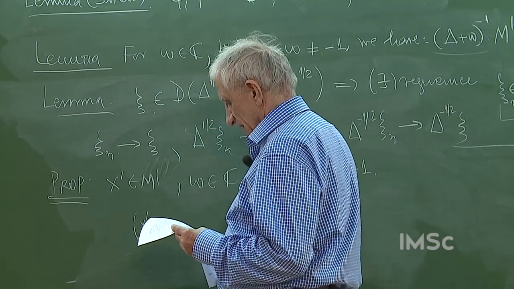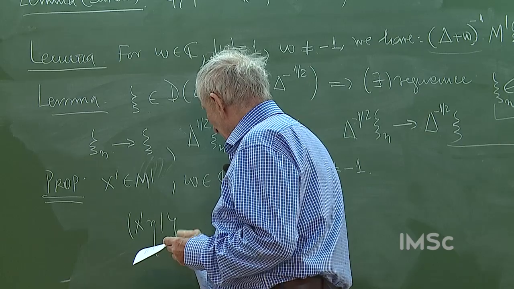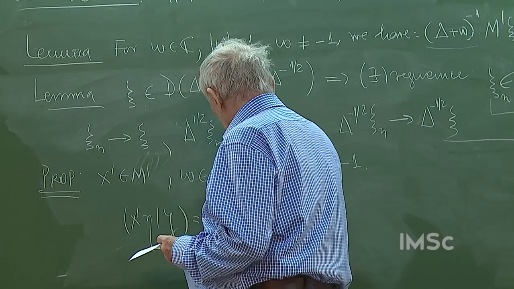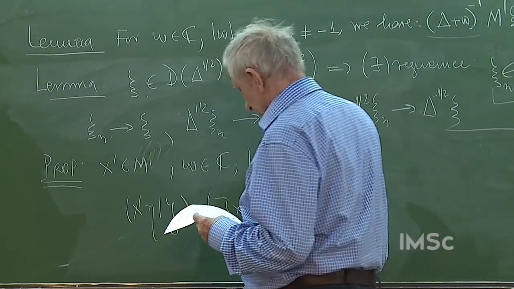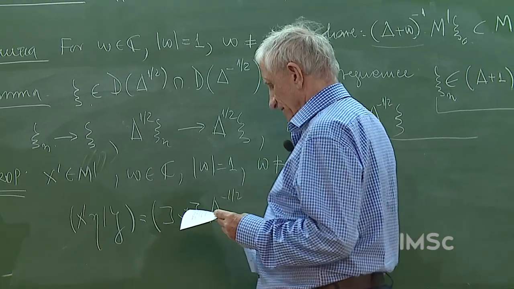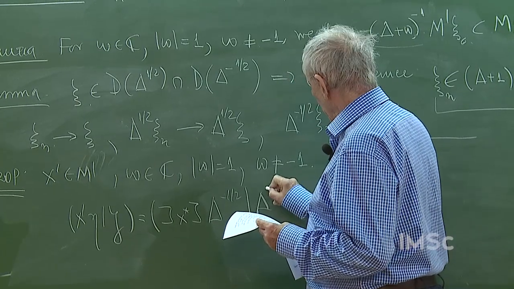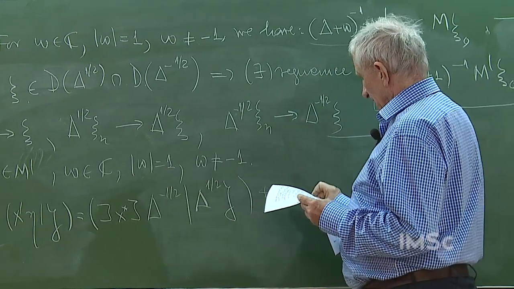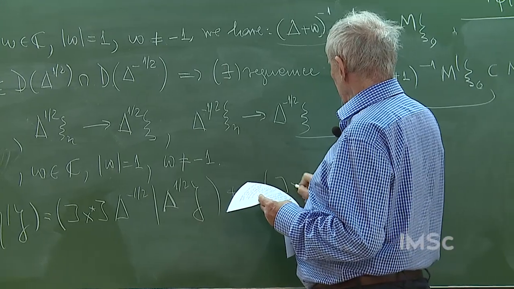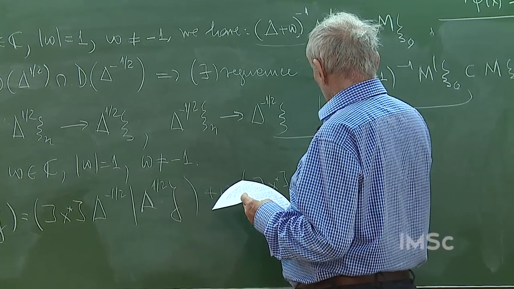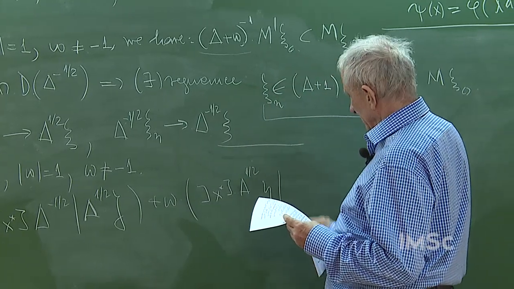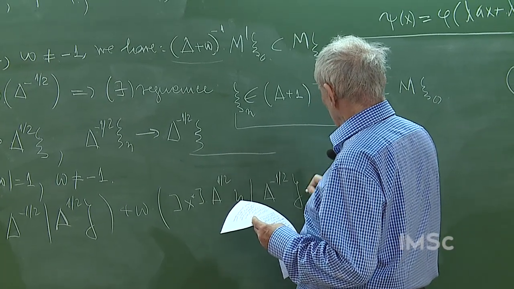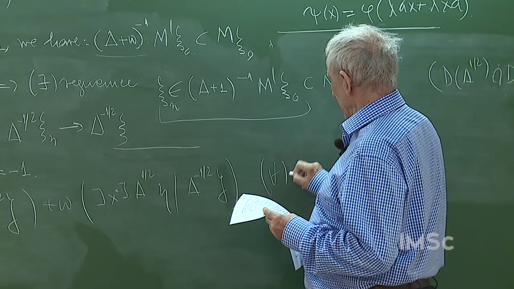X prime eta times zeta, I will say immediately what are eta and zeta, is equal to j x star j delta -1/2 eta times delta 1/2 of zeta plus omega times the scalar product of j x star j delta 1/2 eta times delta -1/2 eta zeta, and this happens for every eta.